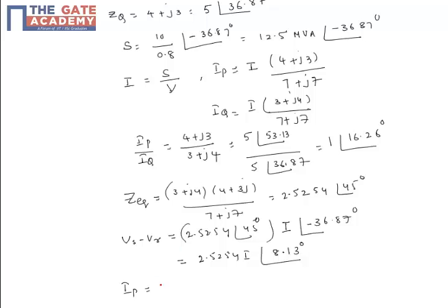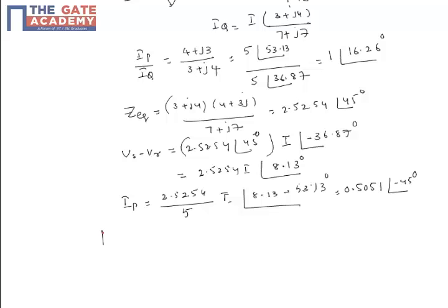IP equal to 2.5254 by 5 into I at an angle of 8.13 minus 53.13. So this is equal to 0.5051 I at an angle of minus 45 degrees.